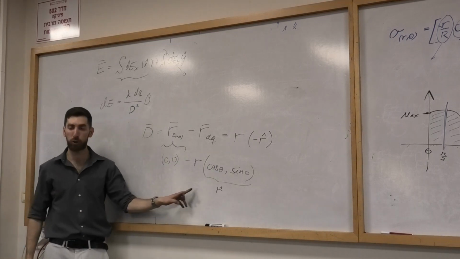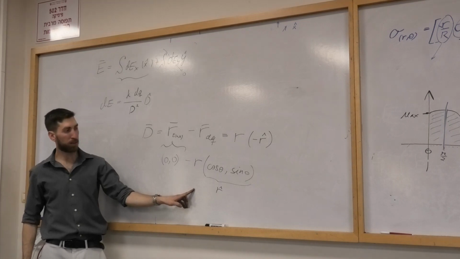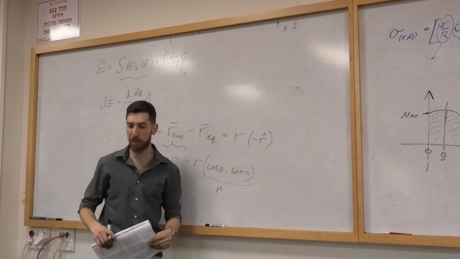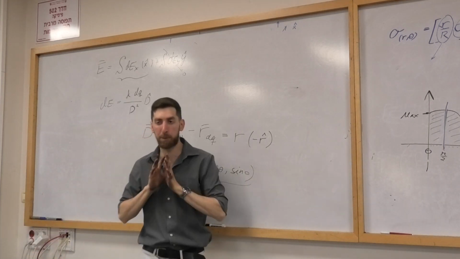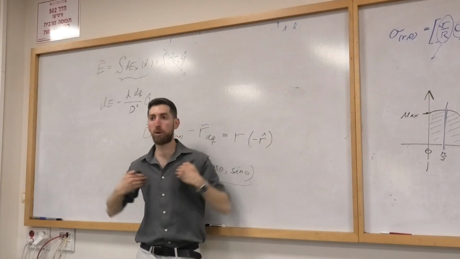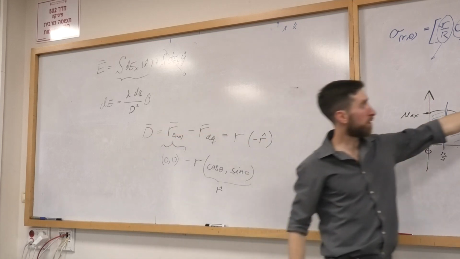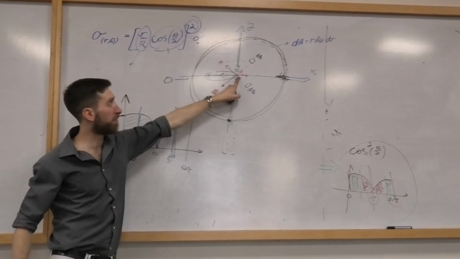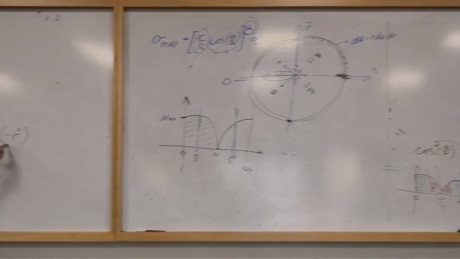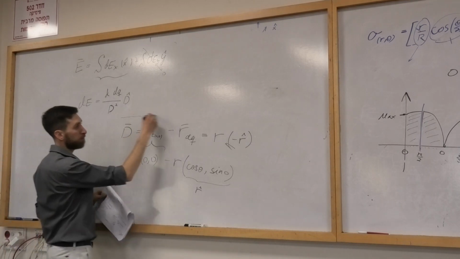Radial means away, and minus radial means toward me. So all the vectors are going to point in the minus r direction, all the charges. Did you get this part?